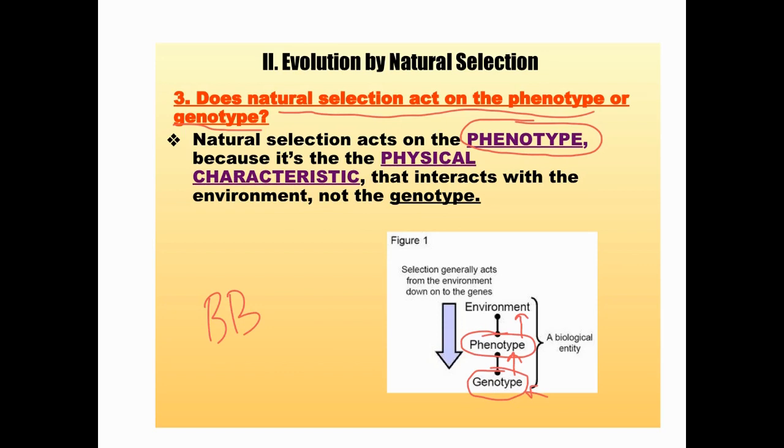You'll be doing all right. And if you're heterozygous and you still have brown fur, you'll still be okay in the desert, because either way you have brown fur. So it is your phenotype, it's your physical traits which determine your fitness in the environment. So even though your genotype gives you your phenotype, it's the phenotype which actually interacts with the environment, not your genotype.